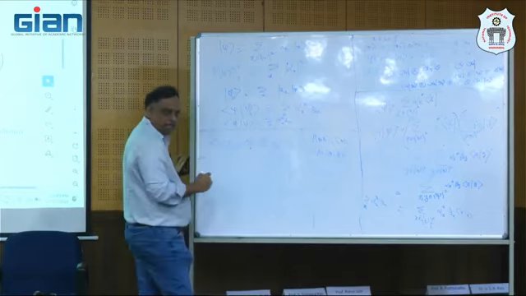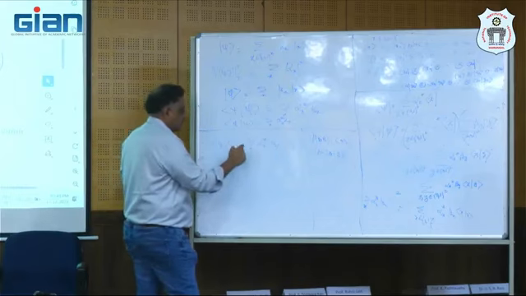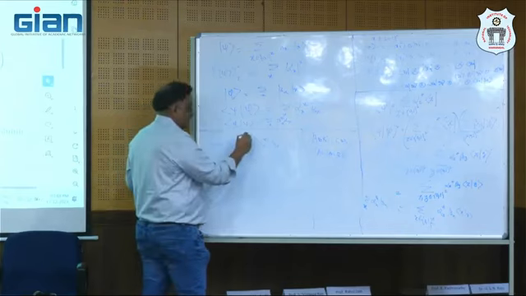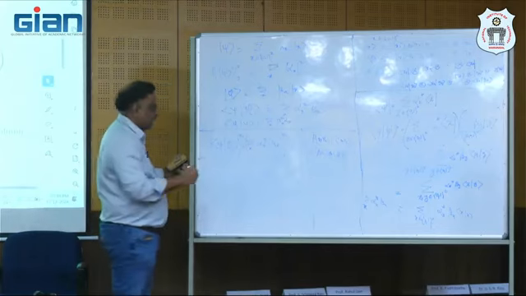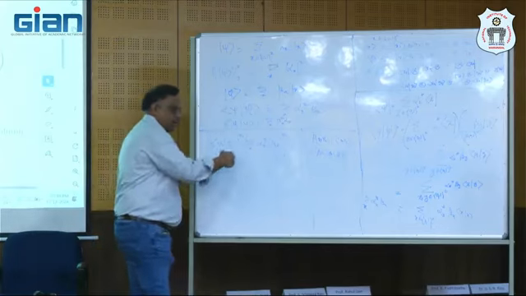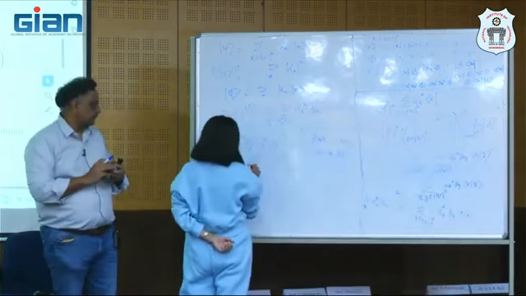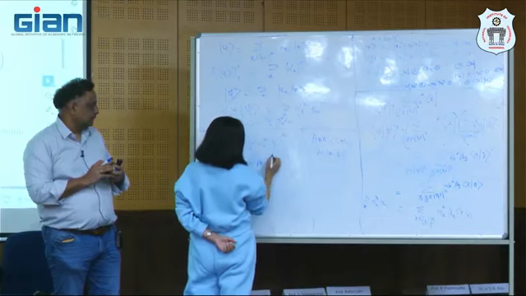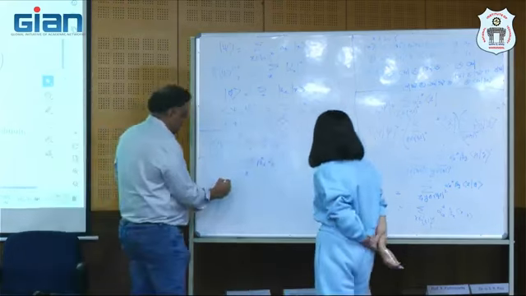Correct? If I do the whole thing star, which is this whole thing star, what do I get? Can you write this? Beta x. Correct? What is this equal to?